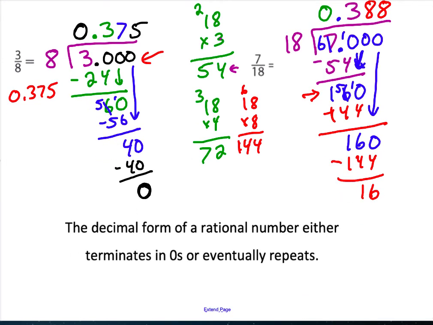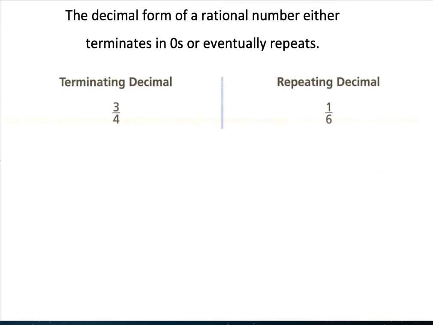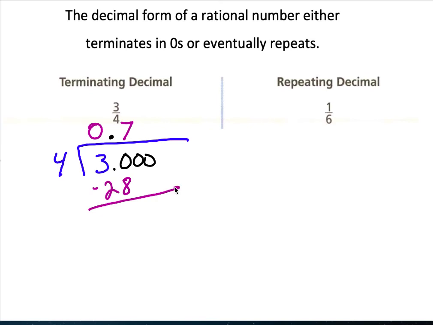All right, last 2. You can try these for yourself, or you can follow along and tackle them with me. Remember, the numerator goes on the inside, denominator on the outside, and then I like to just go ahead and add my zeros and my decimal. 4 goes into 3 0 times. 4 goes into 30 7 times, which is 28.